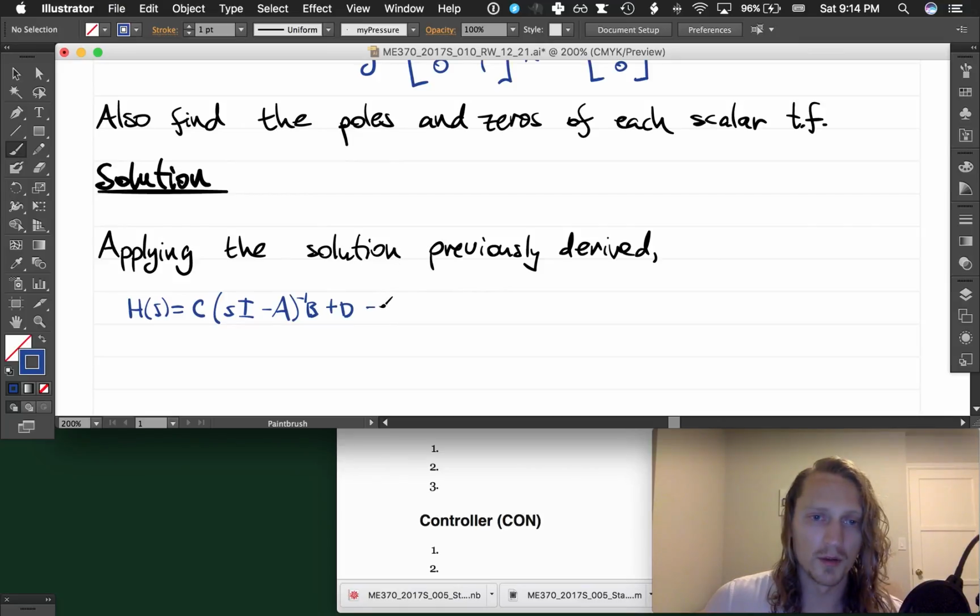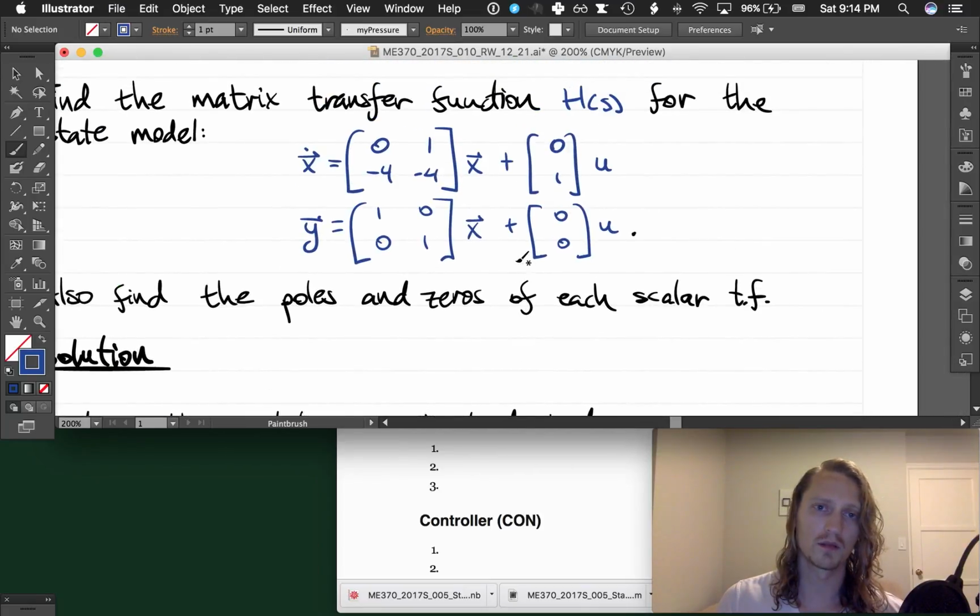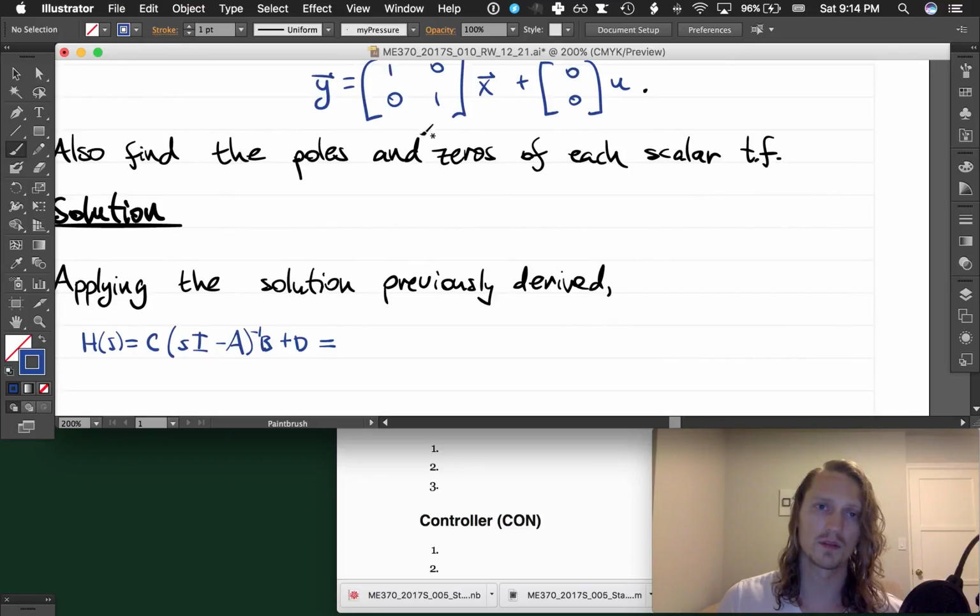So let's plug those matrices in. Of course, this is the C matrix, so it's actually just the identity matrix.